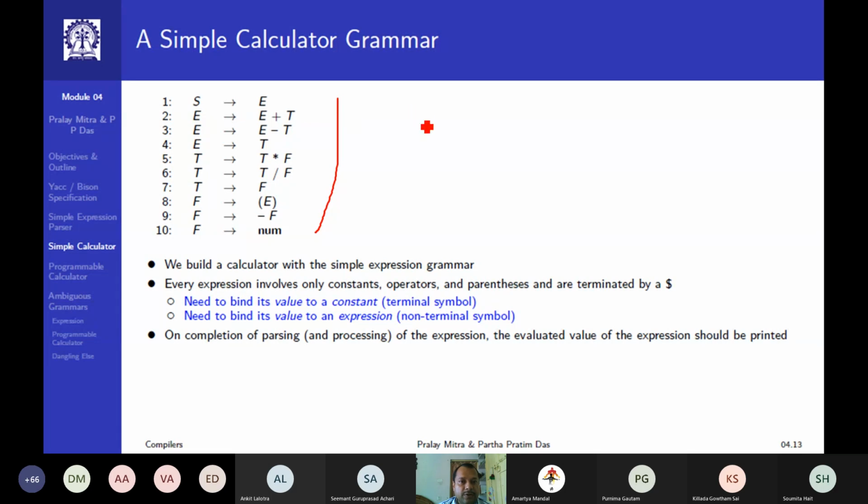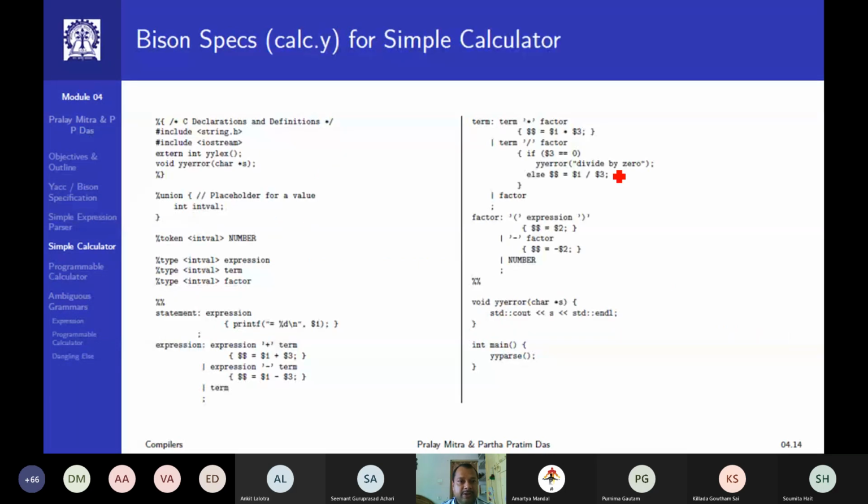Instead of the arrow, we give a colon. For E, we write expression semicolon. For E derives E plus T, there was no action item. So expression colon expression, addition in single quotes, term. But when it is actually an expression and actually a term, how to add them to get another expression, those bindings were not explained. That I will do here now.